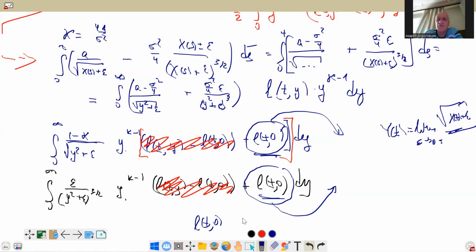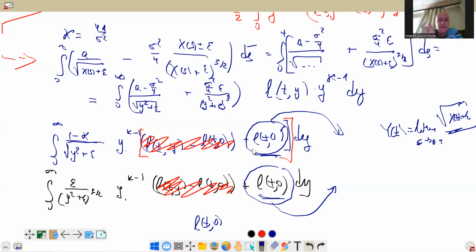This is my second question. Maybe your process becomes non-semi-martingale only due to the bad properties of this difference L_t^y minus L_t^0 with respect to y.